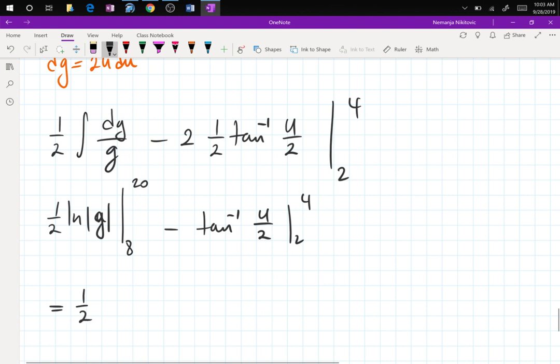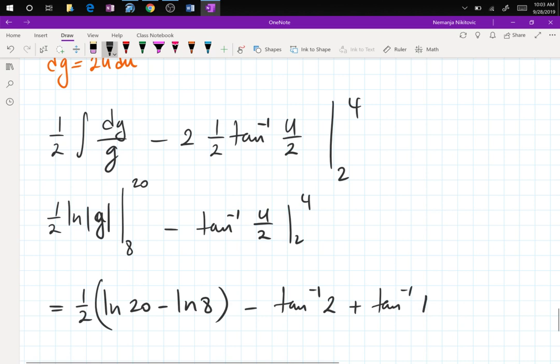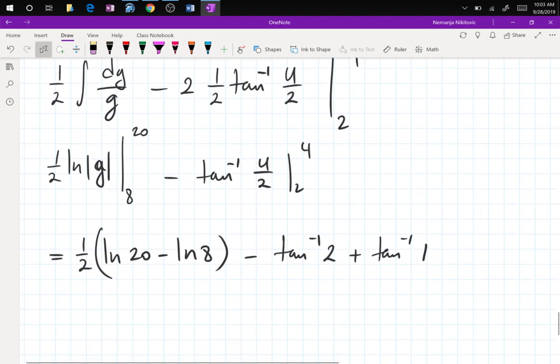So 1/2 ln 20 minus ln 8, minus tangent inverse of 2 plus tangent inverse of 1, because 2 divided by 2 is 1, minus is plus. Excellent.